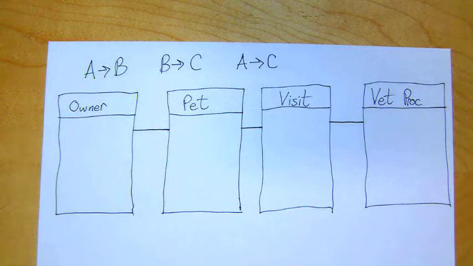So, let's talk about the owner. What do we think the owner to pet relationship is? An owner can have many pets, can have one pet, okay? If you remember last week, all jesting aside, we were talking about whether an owner can have no pets.